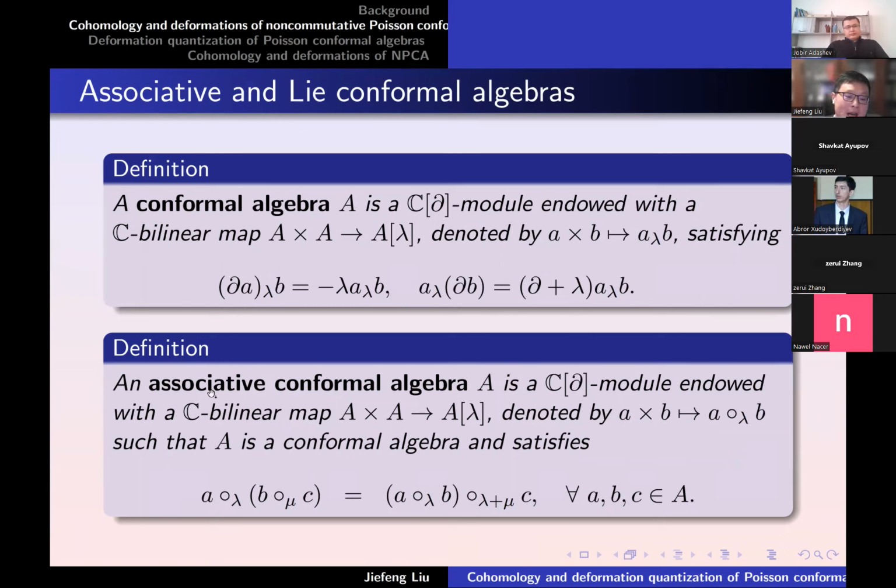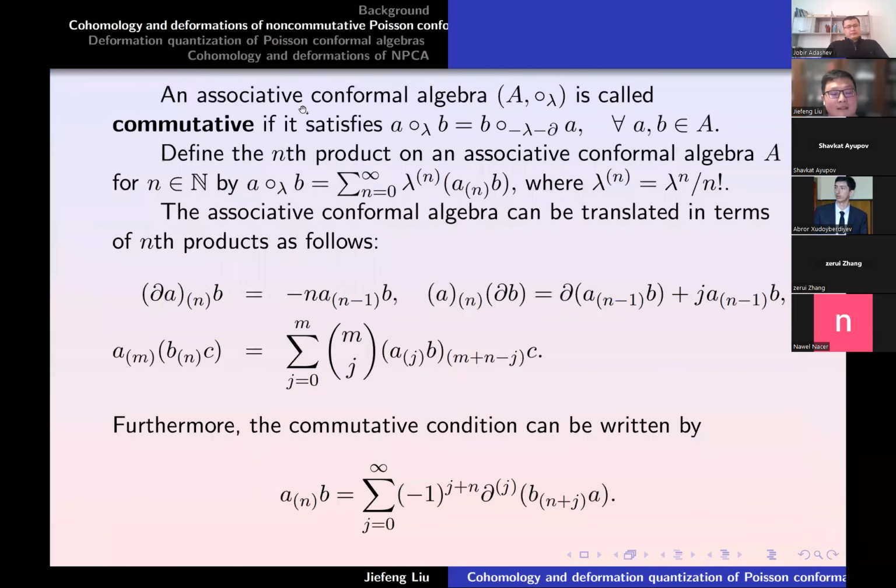Furthermore, an associative conformal algebra is a conformal algebra satisfying the following associative rule. Similarly, an associative conformal algebra is called commutative if it satisfies this commutative condition.